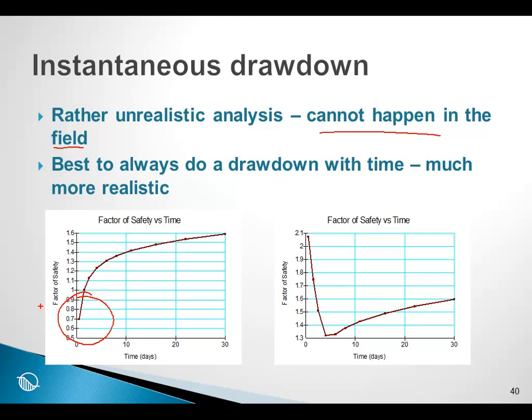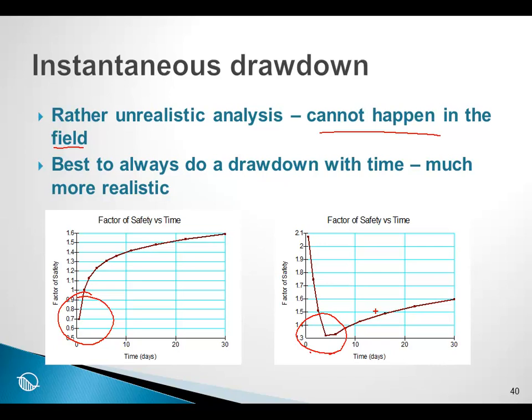However, taking the drawdown over a relatively rapid period of 5 days, the minimum factor of safety is even greater than 1.3, which would indicate likely a safe design. So, doing an instantaneous drawdown is rather an unrealistic condition under field situations.